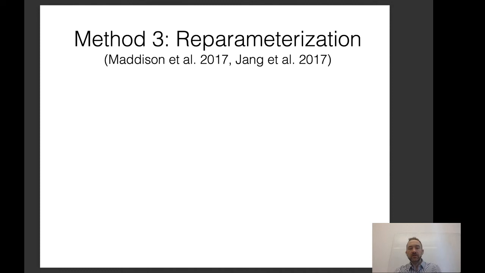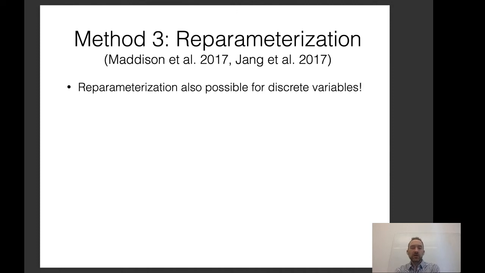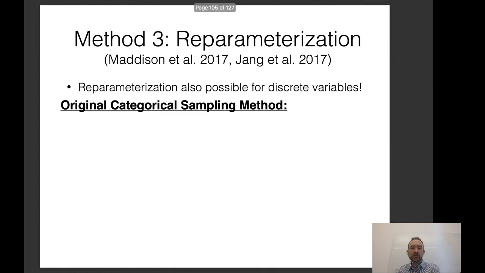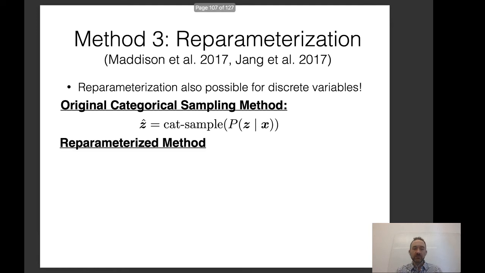Another trick that can be very useful is reparameterization, and reparameterization is also possible for discrete variables. We have this categorical sampling method where we sample a latent variable according to the categorical distribution. This, of course, is non-differentiable because we get out a single one-hot vector and cannot propagate gradients back into it.